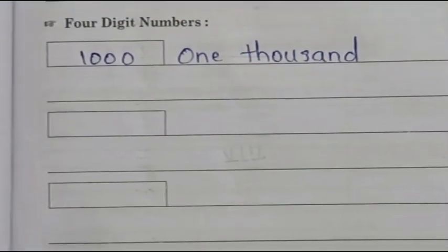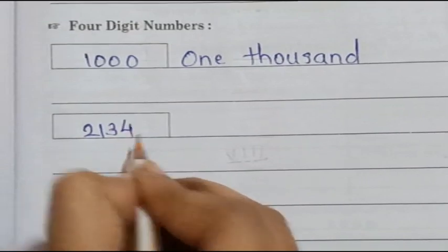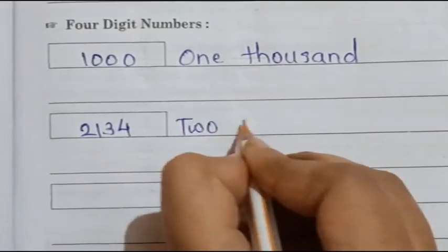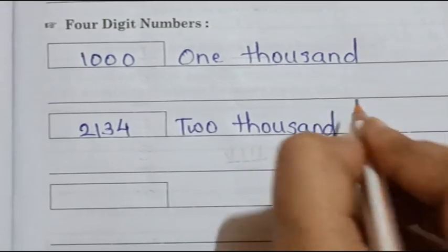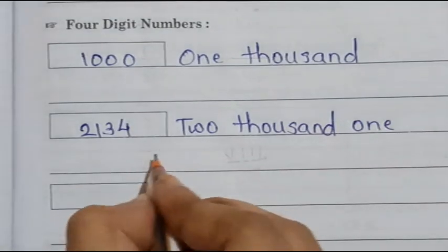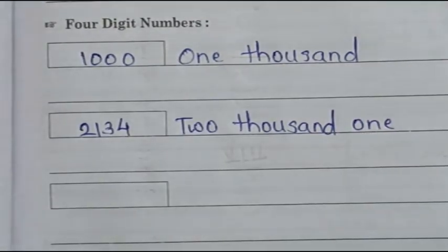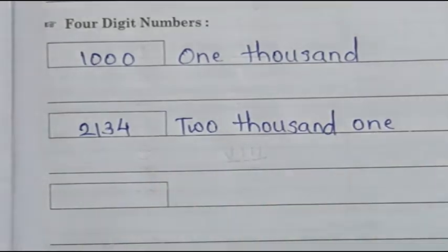Okay. Second number I'll write it as 2134. So I'll write 2100. I'm writing down, but you can continue there only. I am writing below to adjust this in the camera, but you all can write in the straight line.